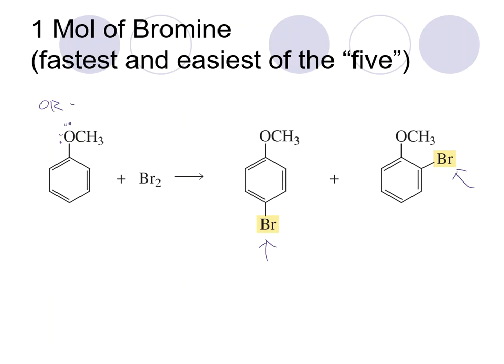Now, when we add bromine to this, notice what they did here. It's a slight change. I'm not really picky about this type of thing, but if you notice, they left off FeBr3 as a catalyst. And the reason that they did that is because it's really not needed.